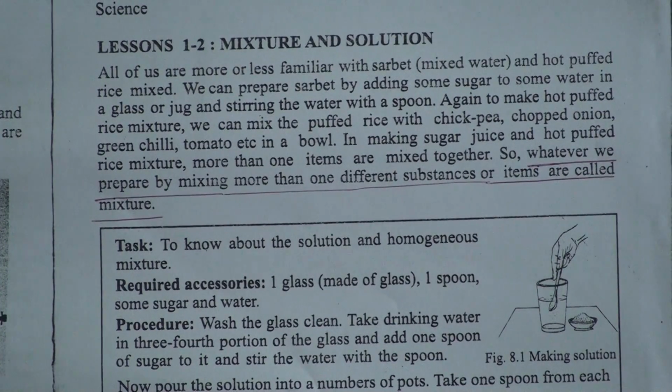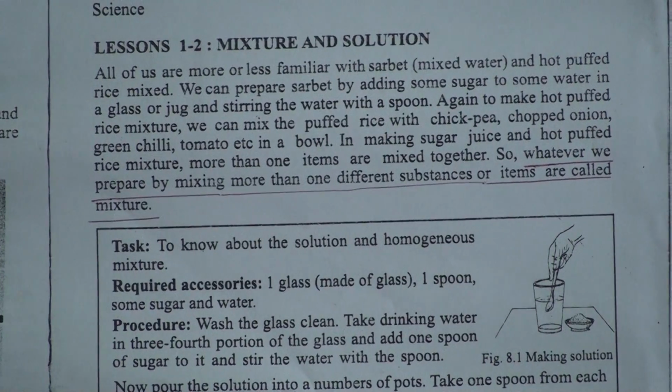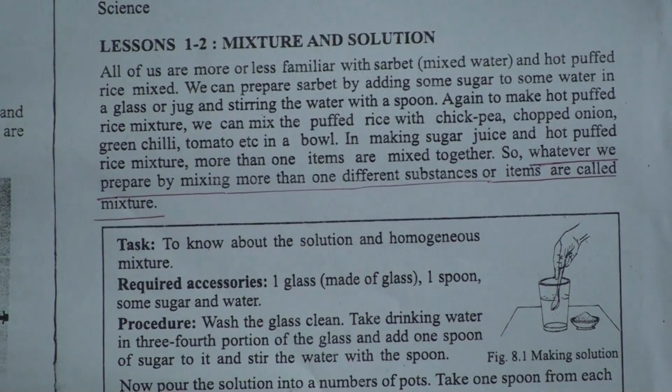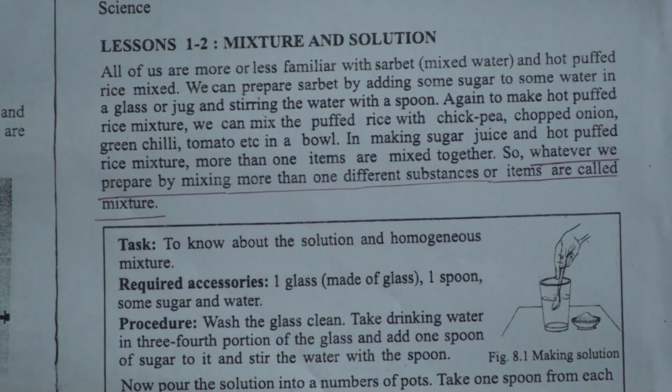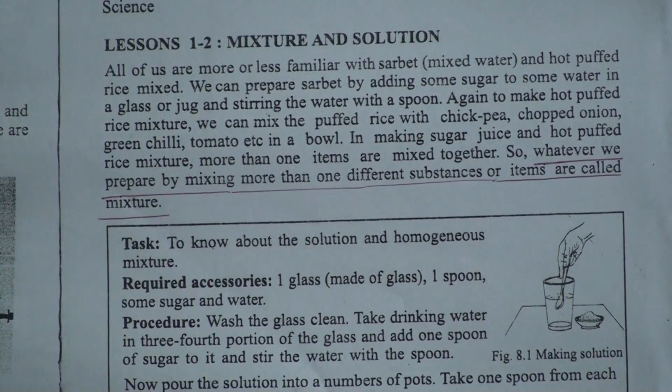These two mixtures are different from one another, because when we make a juice we cannot separate water, sugar and lemon juice or orange juice from the mixture, but when we make a jhalmuri, we can separate puffed rice, onion, chili and chickpeas from one another. So these are two kinds of mixture, but both of them are mixture.